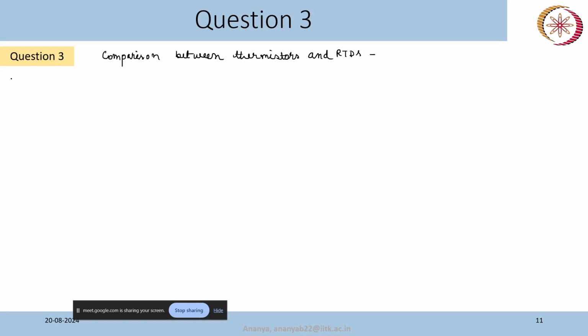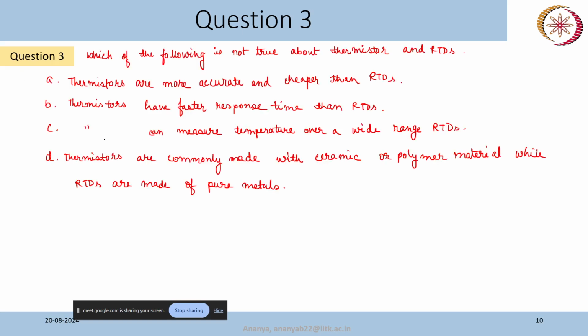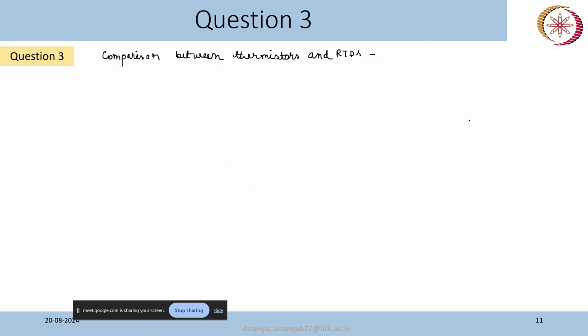So, comparison in terms of temperature range, because in one of the options it is given that thermistors can measure temperature over a wide range compared to RTDs. So let's see.